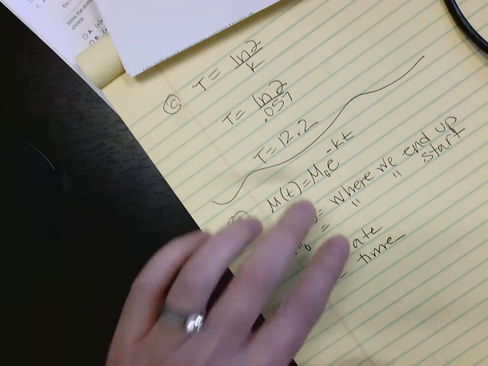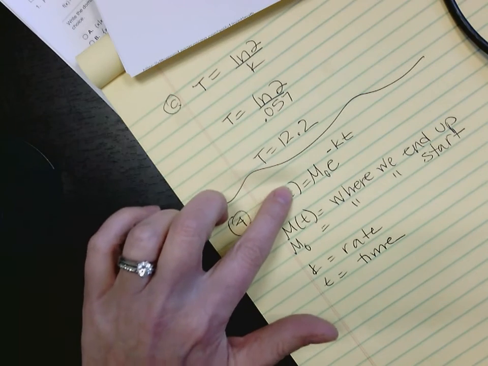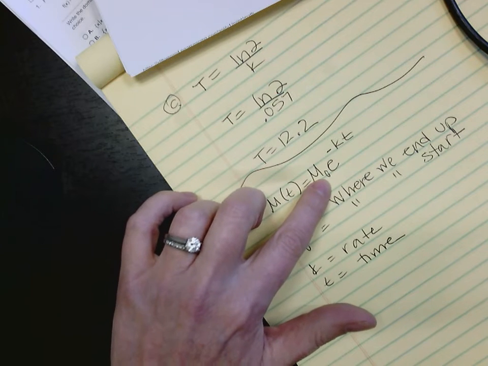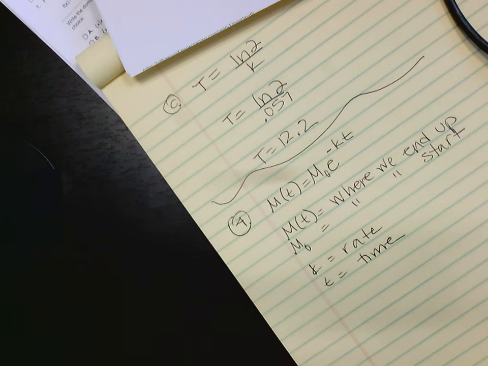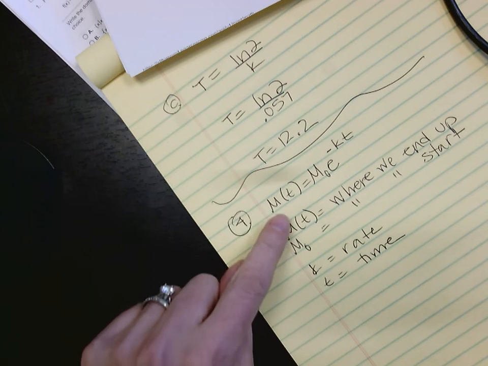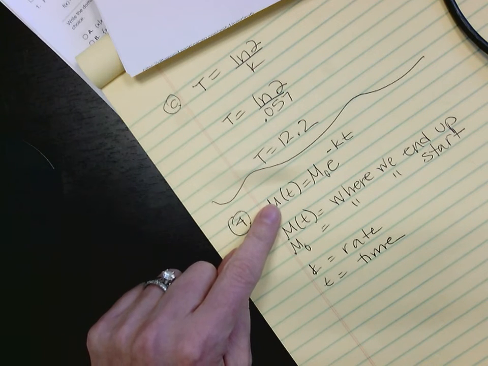So again, these two things, this right here is going to be where we end up. This right here is where we start. So it says to use the data, or let me tell you this, the data in the table shows that the percentage of adults in a country who are currently married is declining, assuming that the percentage of adults who are married will continue to decrease according to the exponential decay model.